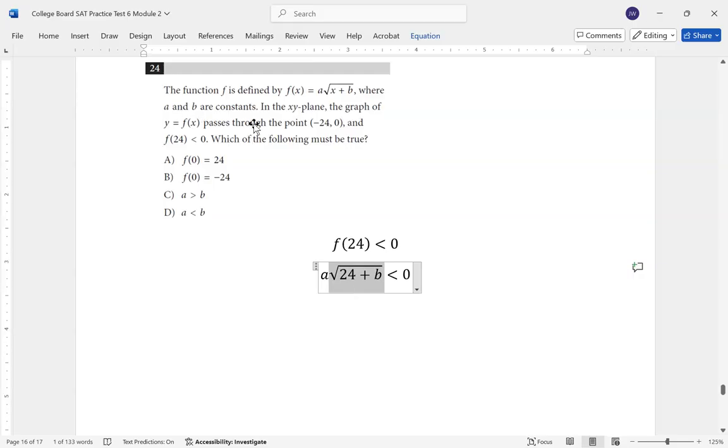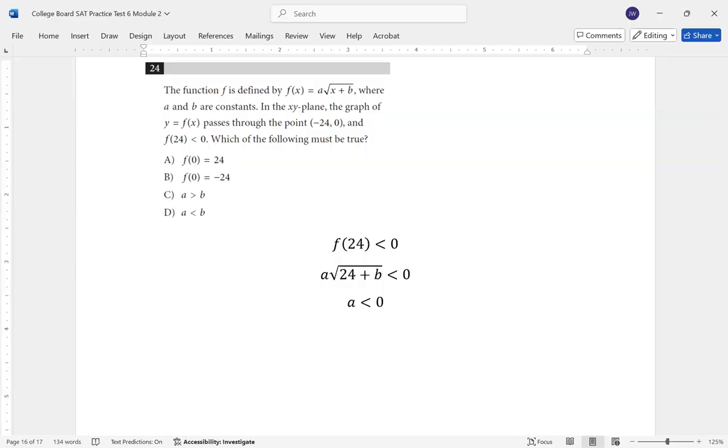We know a and b are constants, so we know a isn't going to be imaginary, so the square root's not going to be imaginary. So they're constant real numbers. And so the square root of 24 plus b is going to be positive. So if a times a positive number is negative, that means a has to be negative. A has to be less than 0.